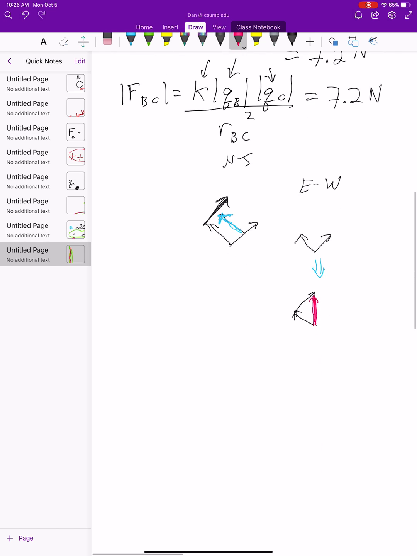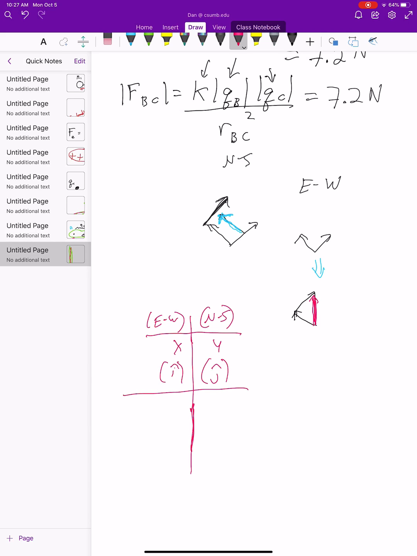So what I have to do now is, in first semester physics, I'd set up this table where the x component is the east-west, and the y component is the north-south. Hopefully you remember doing this at some point anyway. Or we can put an i hat and a j hat next to it. We don't even have to use this chart. Any way we do it, it'll work, but I'm going to start using the i hat, j hat components so that you can see that. I don't have to set up a chart all the time.